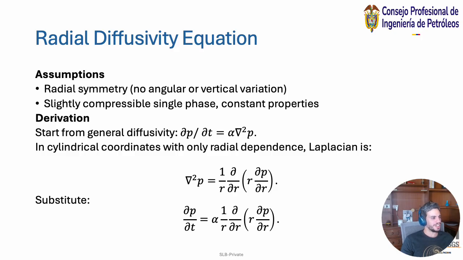The assumption is that, again, it's similar to the radial Darcy flow. We're assuming ideal or naive environments, so we're assuming a radial symmetry. We're assuming no angular or vertical variations. We're assuming no oscillations. And we're looking at this slightly compressible single phase fluid.